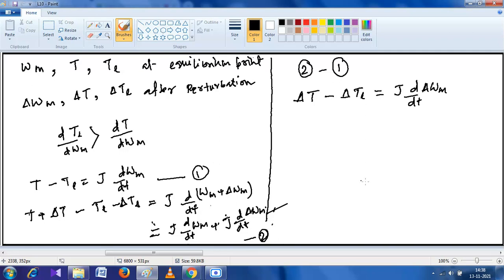Suppose I have a curve like that, but if I zoom in on a small portion, can I say this is a straight line? Yes, sir. So if we consider a small perturbation, then we can consider the load torque or motor torque as a straight line.